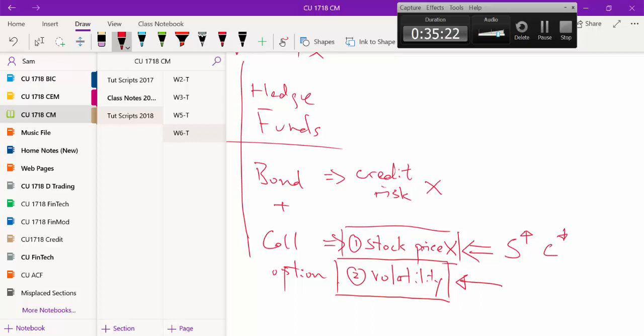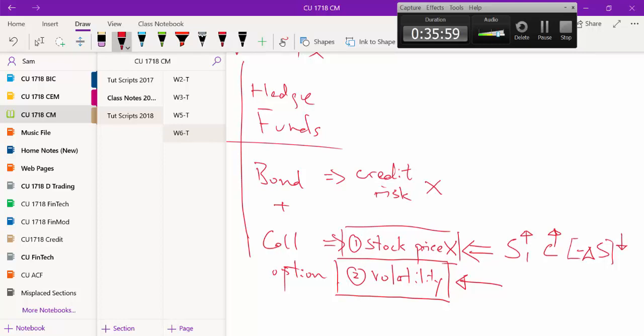So what they do is try to hedge this by shorting some stocks, so that when the stock price goes up, they actually have a negative value.